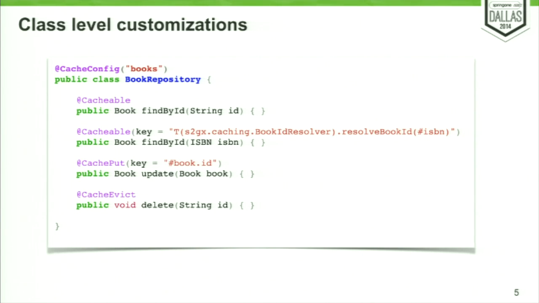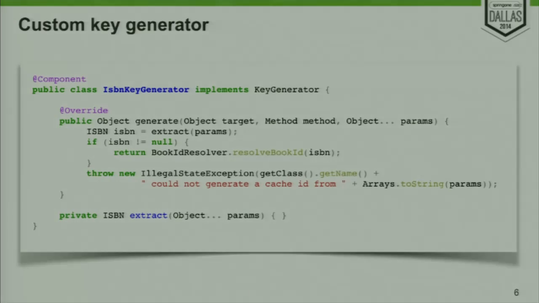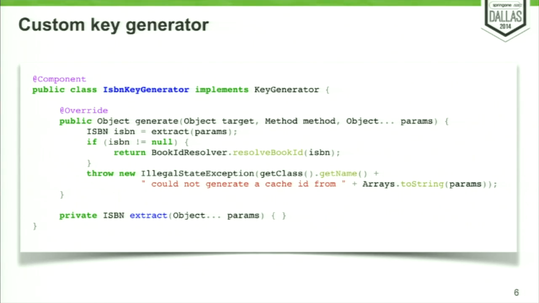You may want to push that code away and make that a dedicated class, so that you can test it more easily and whatnot. But the problem prior to Spring 4.1 is there was no way to customize the key generator per operation or per service, by the way. So that's what it would look like, in pseudocode.